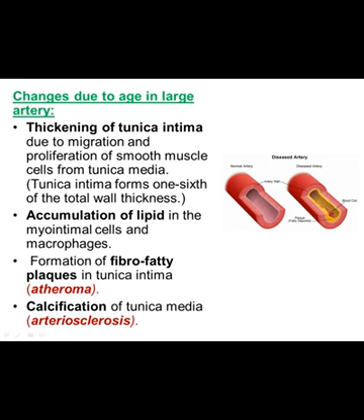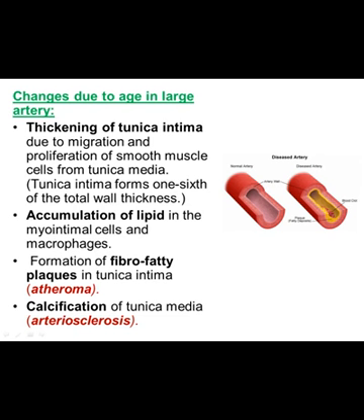Now we see the changes in large arteries due to age. There is thickening of tunica intima due to migration and proliferation of smooth muscle cells from tunica media. Then tunica intima becomes 1/6 of the total wall thickness.